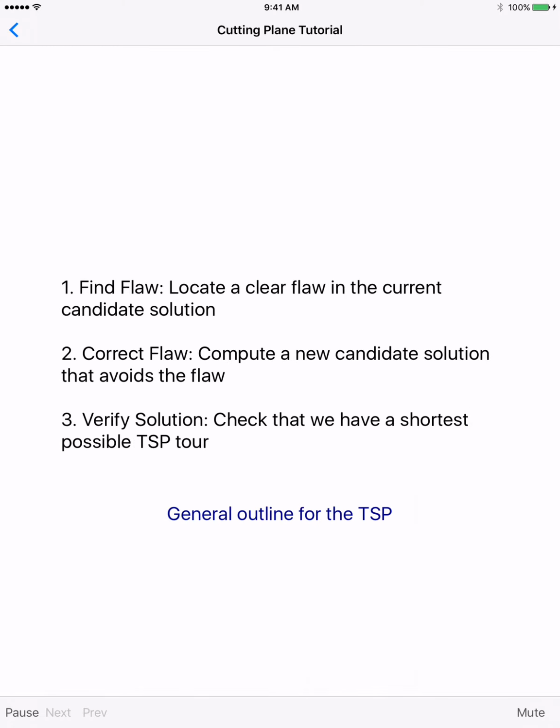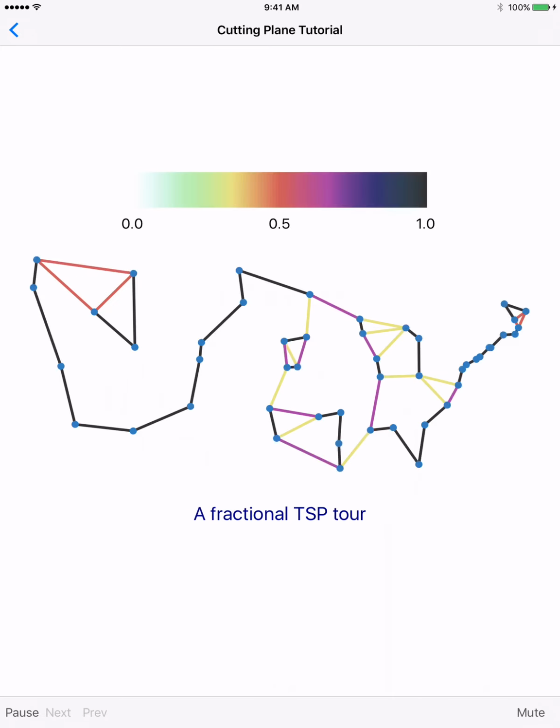Can we carry out a similar solution process for the traveling salesman problem? A great difficulty is to devise a technique for step 3, that is, a way to know for certain that we have a shortest possible tour. Dantzig's team handled this in brilliant fashion.